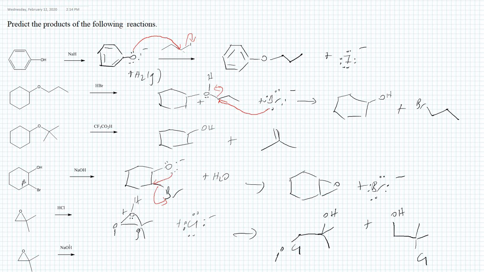Let's say that this hydroxide is going to attack here, and this bond will open, and we will have this product. This part is the tertiary carbon, and it will have an OH group here, and this one has another OH.